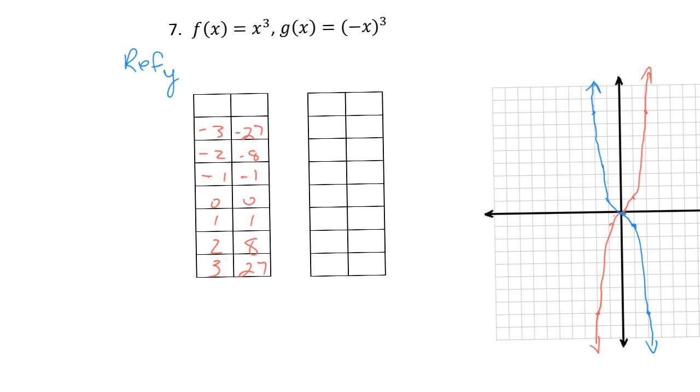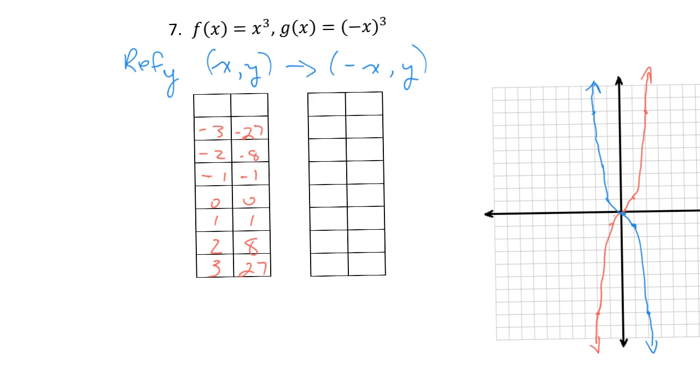And to create our mapping rule, we would say that (x, y) maps onto (-x, y). So here the x has been changed instead of the y being changed.